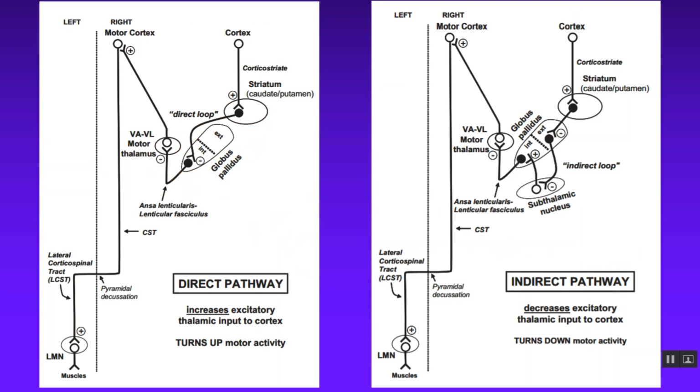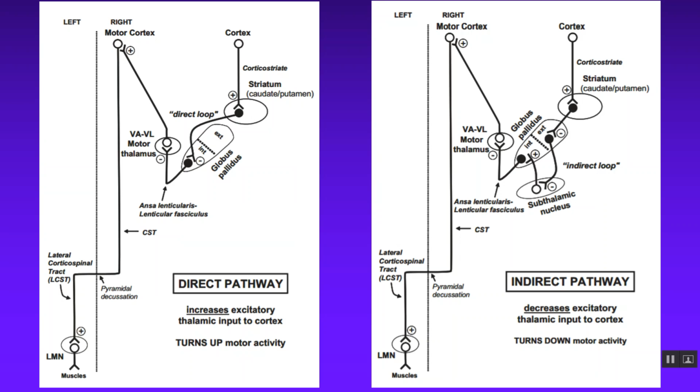So here's a more anatomically correct schematic of that. This is essentially the loop we're talking about right here. This is the direct loop. These pictures are from a resource, a basal ganglia paper that talks about the basal ganglia.